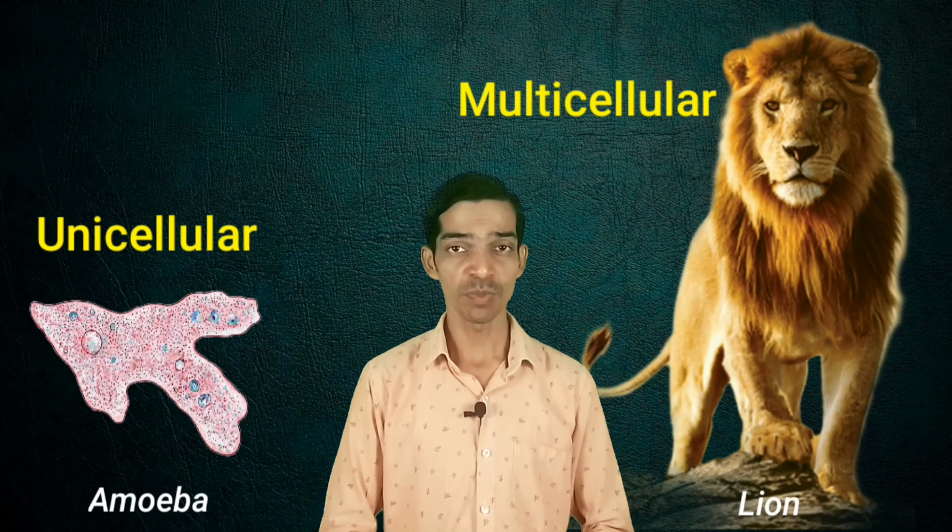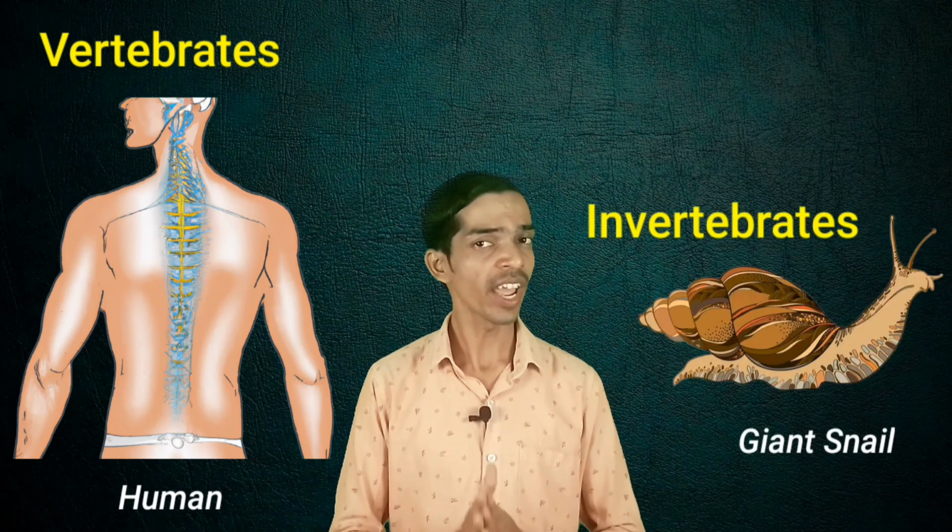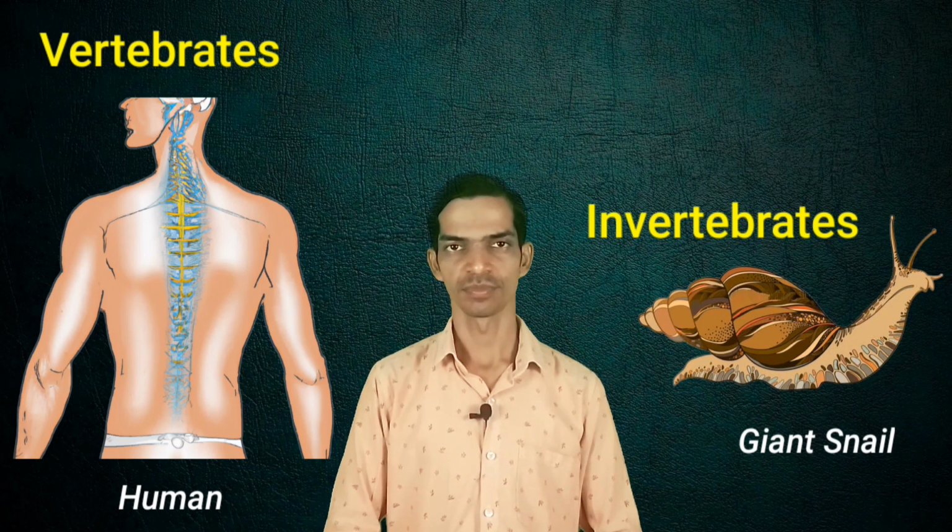Like plants, animals too show diversity. Some are unicellular, which means made up of one cell, and others are multicellular, which means made up of more than one cell. Some are vertebrates, which means they have vertebral column, whereas others are invertebrates that don't have vertebral column.